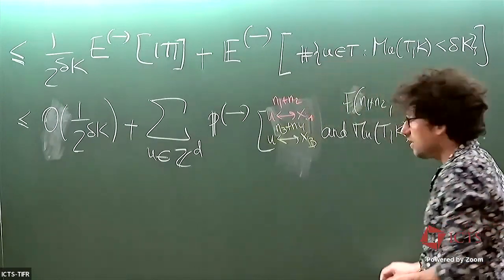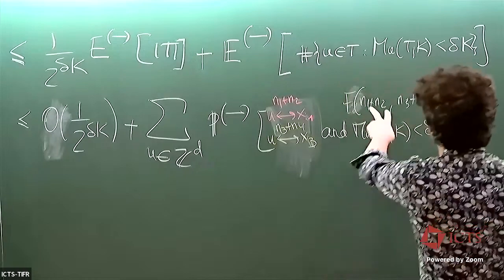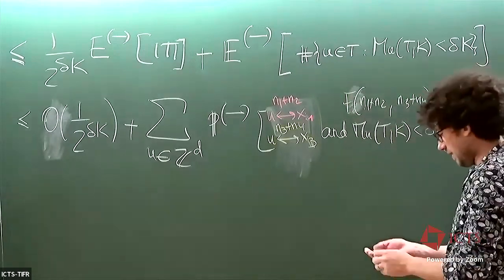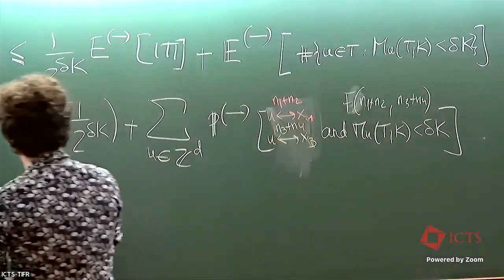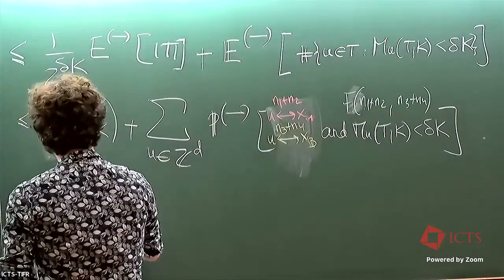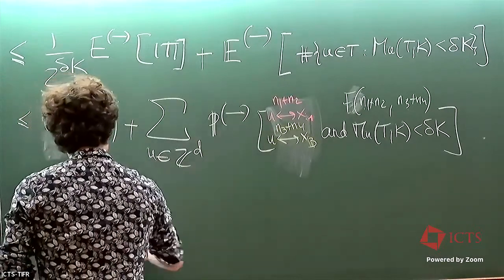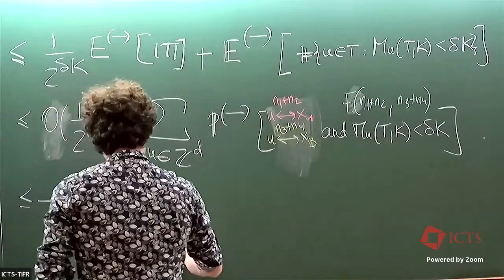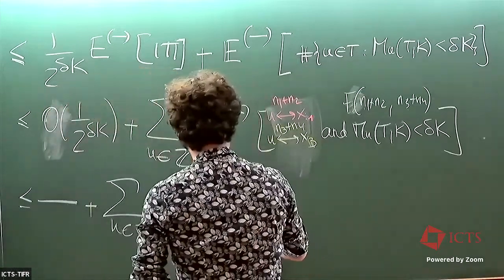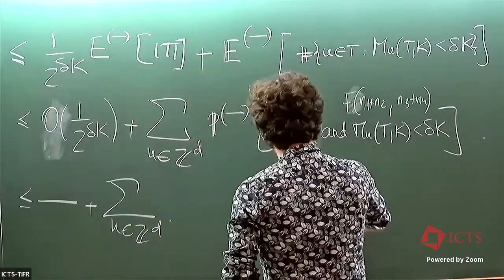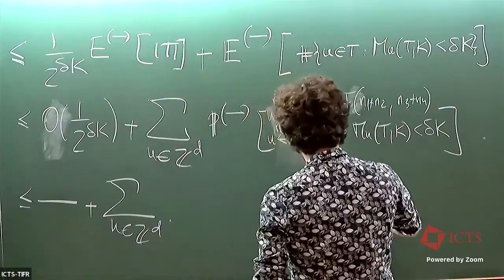So by using twice the switching lemma, once for n1 and n2, once for n3 and n4, I can rewrite, so let me forget about the first term, I can rewrite this as probability x1u, x2u.